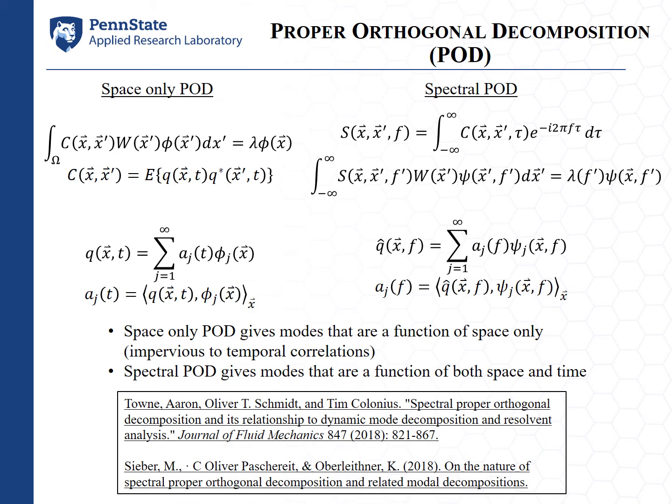So if you pick a mode at a certain frequency, it evolves by itself and it has nothing to do with the other modes. So you can really interrogate or characterize a velocity field a lot deeper with this technique than the space-only POD.